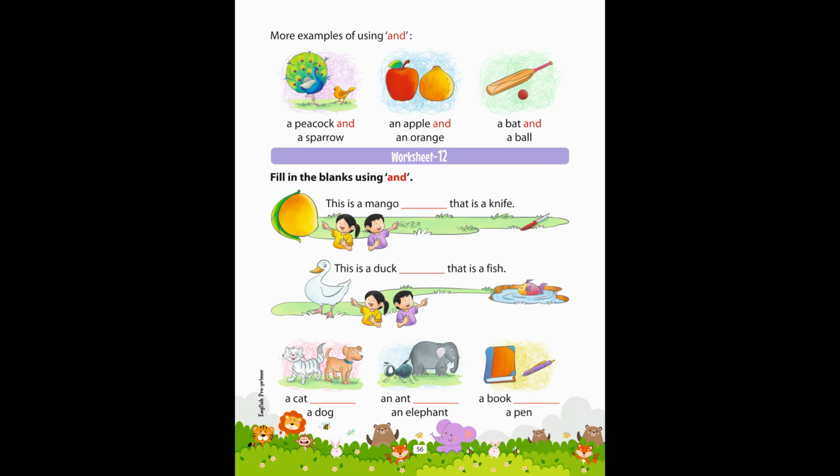Fill in the blanks using the word and. This is a mango and that is a knife. This is a duck and that is a fish. A cat and a dog. An ant and an elephant. A book and a pen. Well done. You've just joined words using and. Keep practicing to become a sentence building star.